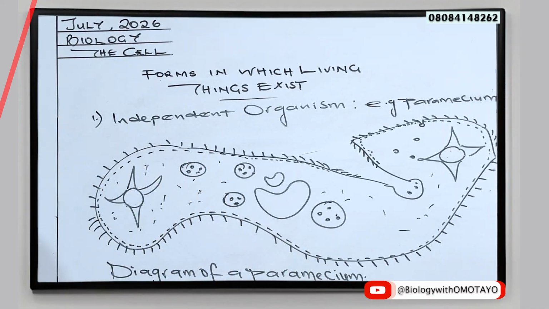After which comes the labeling, and just like I said earlier when we were looking at the diagram of the amoeba, labeling is to be done horizontally to the left and the right, or vertically up and down, and your lines must be drawn with a ruler and must touch the parts that you are labeling.